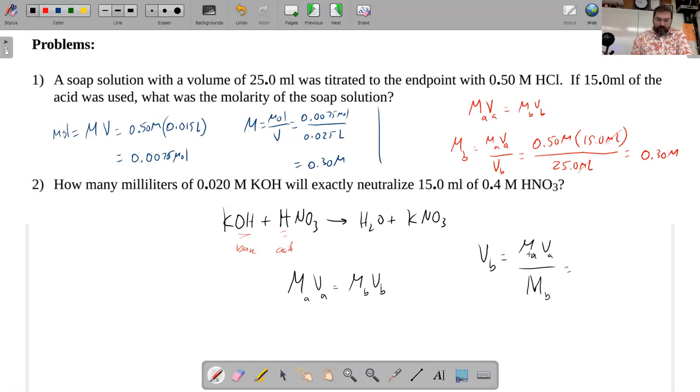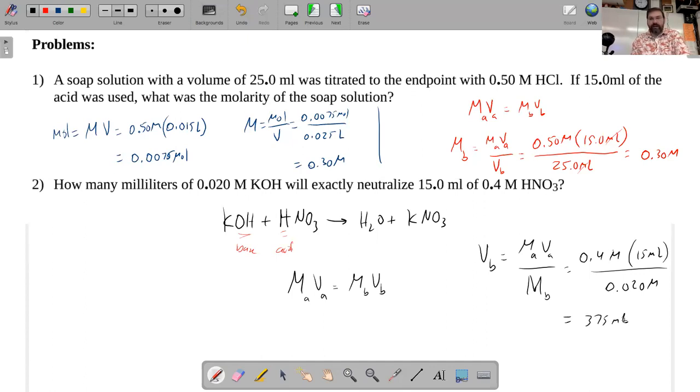So the molarity of the acid was 0.4 molar, and the volume of the acid was 15 milliliters, and we divide that by the molarity of the base, 0.020 molar, and it's 375 milliliters.